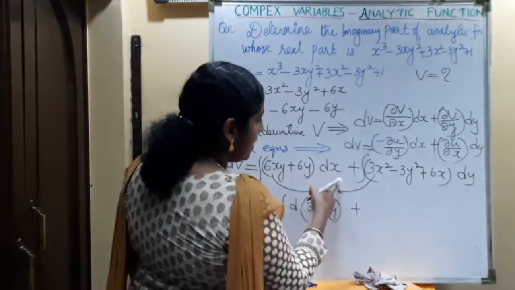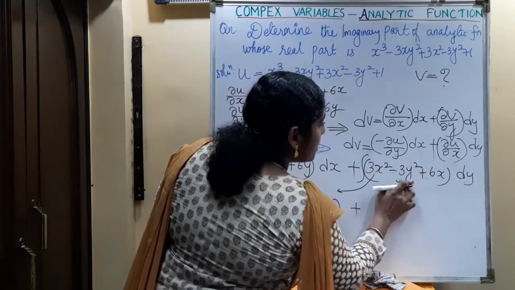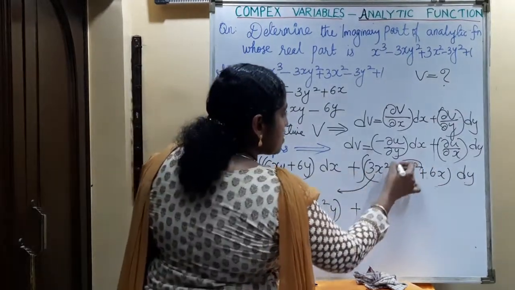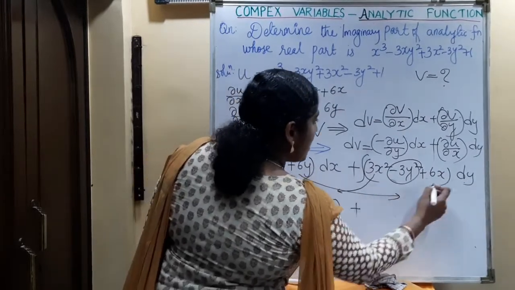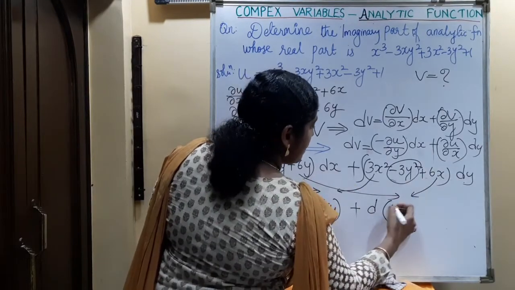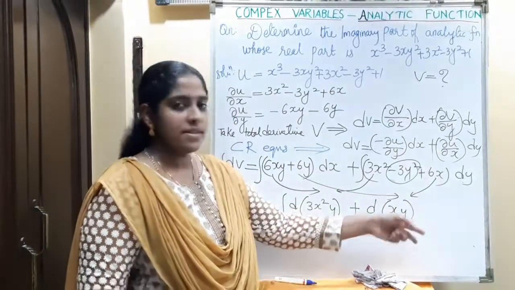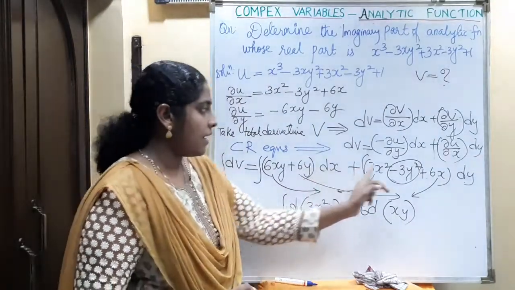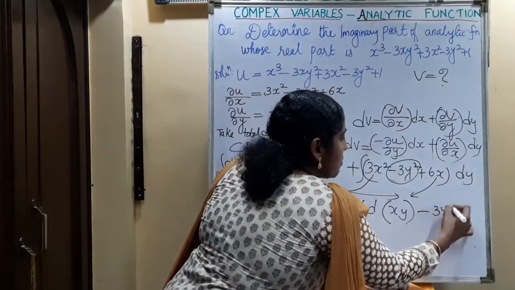Similarly, the combination is here, 6y dx, and here 6x dy. We can integrate the y terms easily, there is no problem with that term. But we can combine the 6x dy term and the 6y dx term, because d of xy is x into dy plus y into dx. So 6x dy plus 6y dx, and minus 3y square dy.